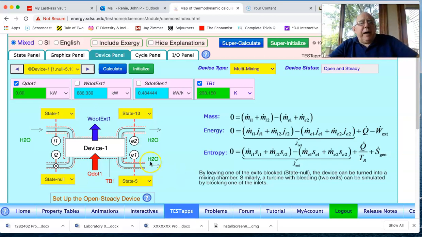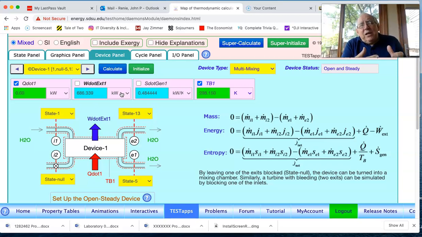And so by looking at the turbine as a single inlet and 2 outlets, we can then say that the Q dot is equal to 0 and the total power generated by this adiabatic turbine is 686 kilowatts. So we could have done the exact same thing, but just added 2 stages of turbine. One stage would have been a portion.